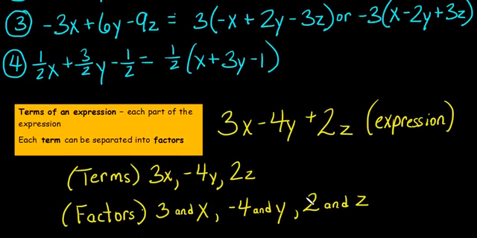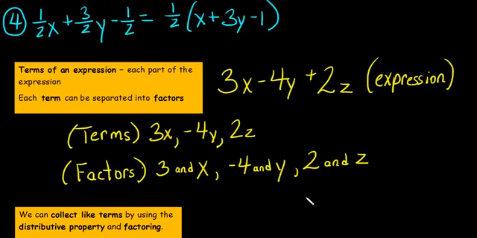Next, I'm going to give you a little terminology. The terms of an expression are each part of the expression, and each term can be separated into factors. So I wrote this expression right here, 3x minus 4y plus 2z.